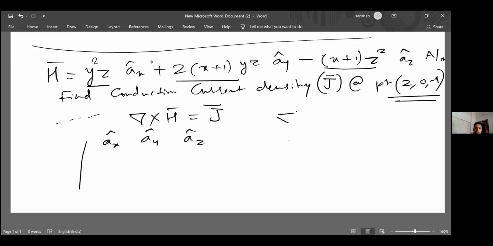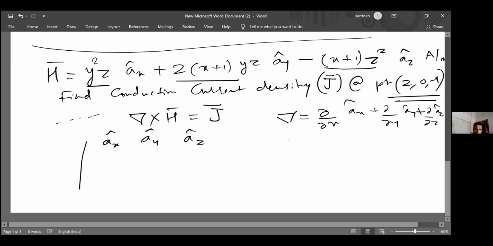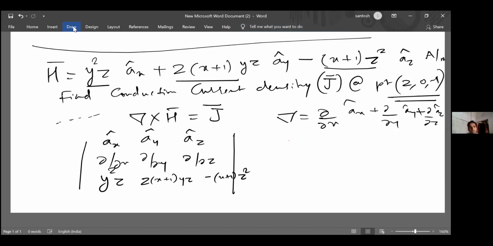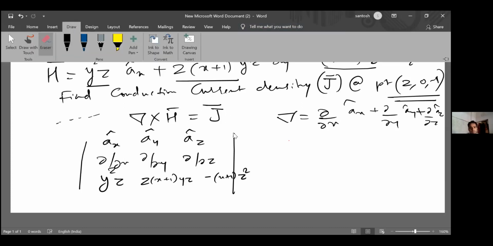What is the del operator? Dou by dou x ax cap plus dou by dou y ay cap plus dou by dou z az cap. And then the components of H: Hx, Hy, and Hz. So this will be y square z, 2x plus 1 into yz, and minus of x plus 1 into z square.